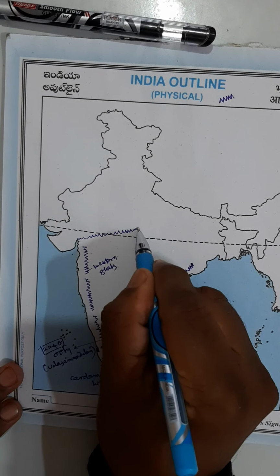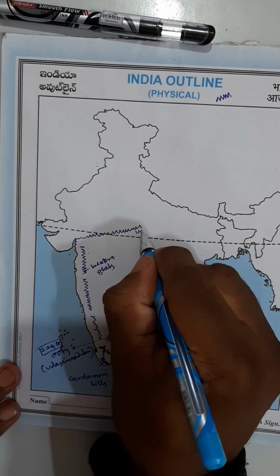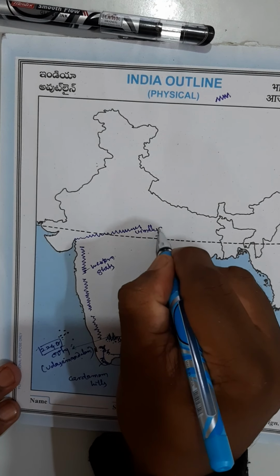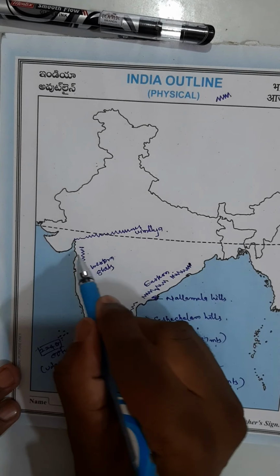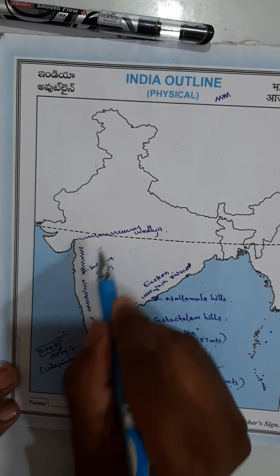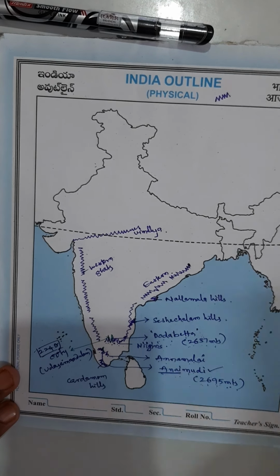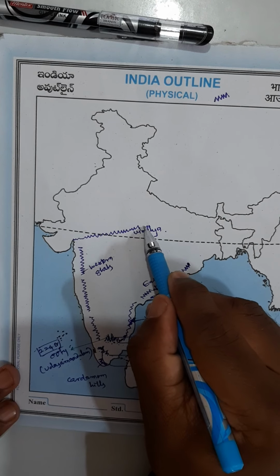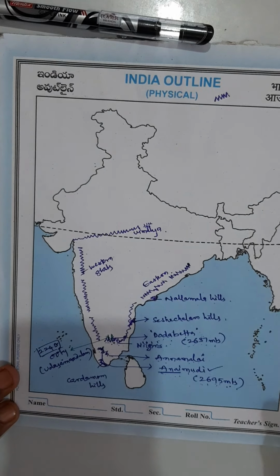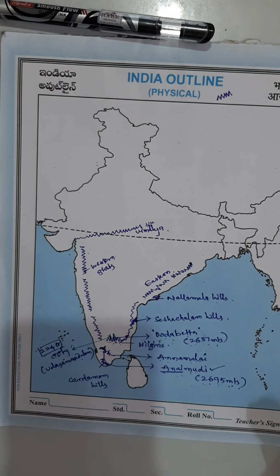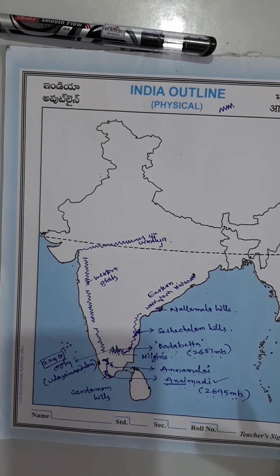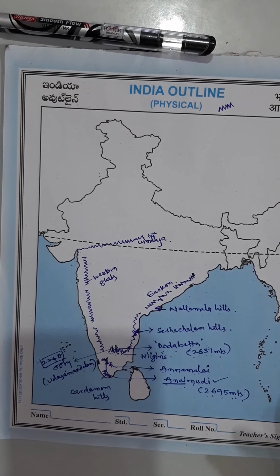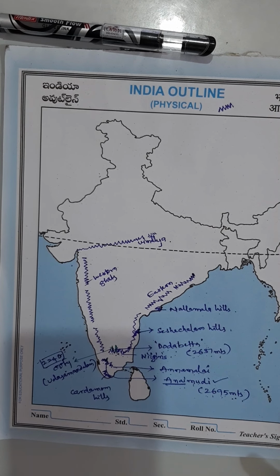You can call it the Vindhyan range or Vindhya mountains. This passes through Gujarat, and of course it continues in Madhya Pradesh. In Uttar Pradesh this range continues too, and the total range is around 1086 kilometers, though that has nothing to do with the exam.